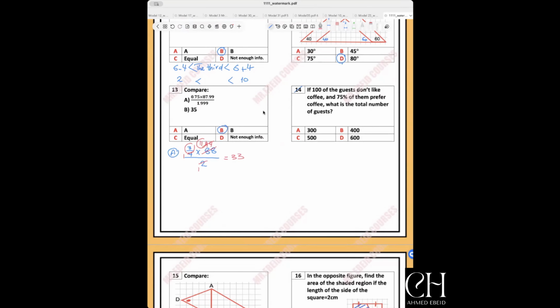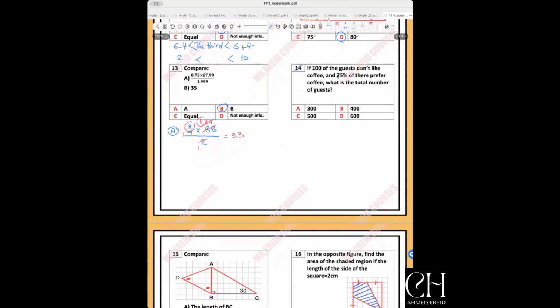Let's move to 14. If 100 of the guests don't like coffee and 75% of them prefer coffee, what is the total number of guests? We have 75% of them preferring coffee, and you know that the total is 100%. To find the percentage of guests who don't like coffee, subtract 100 minus 75, which equals 25% don't like coffee.